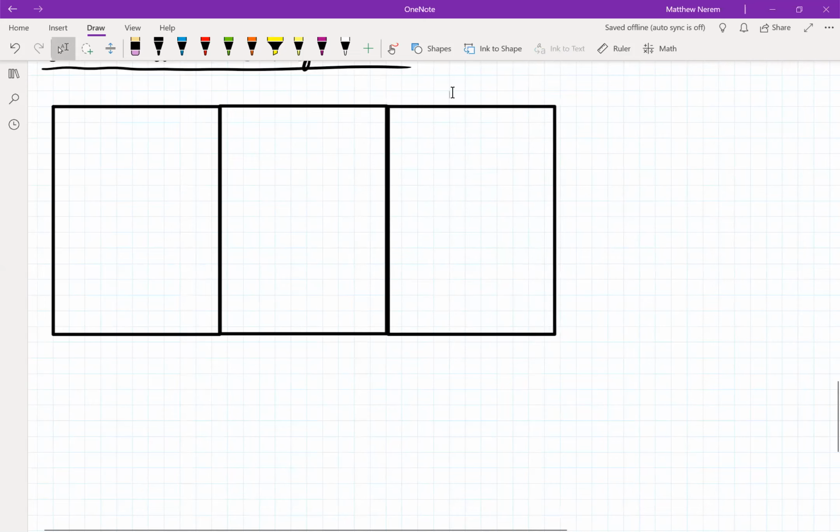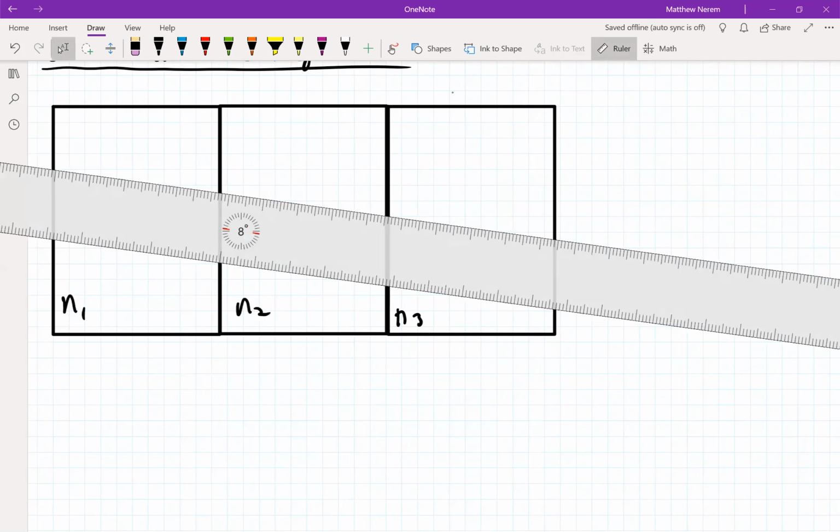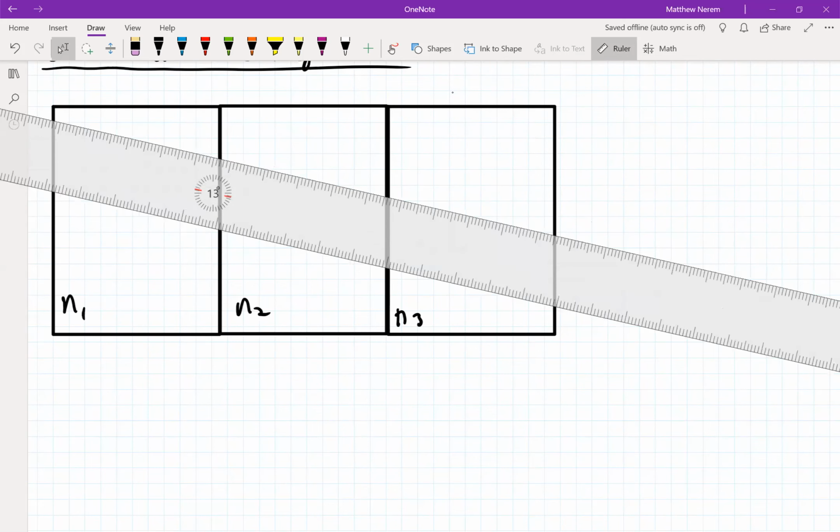There's our third guy. And now I'm going to shoot a ray through this material. So we've got n1, n2, n3. And let's shoot a ray through. I'm going to have the first one come in at 20 degrees.